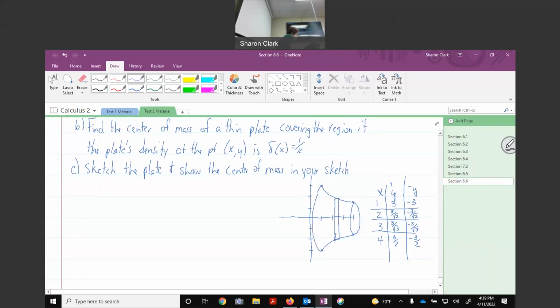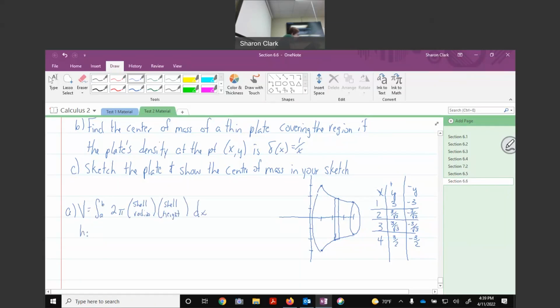Okay, so for A, volume equals the integral from a to b of 2 pi times the shell radius times the shell height dx.